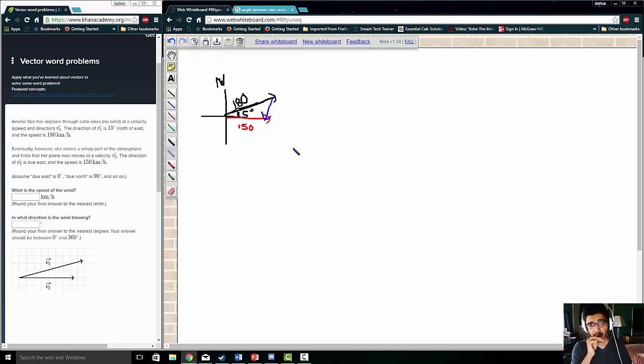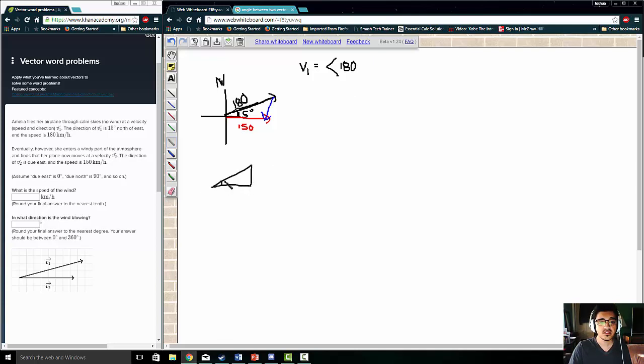So the very first thing we want to try to do is write the vectors. So let's look at the first one, v1. So v1 can be written as 180, the magnitude. If you guys remember, if we have a triangle, you can always make that into a right triangle.